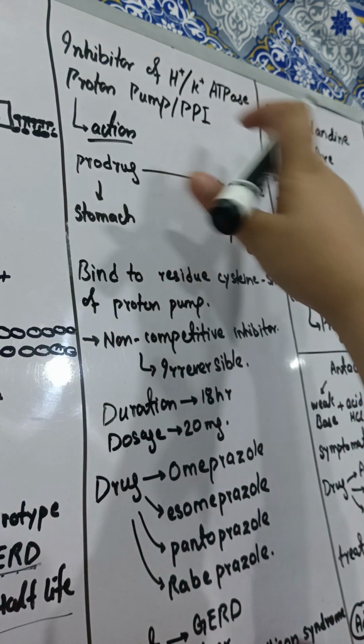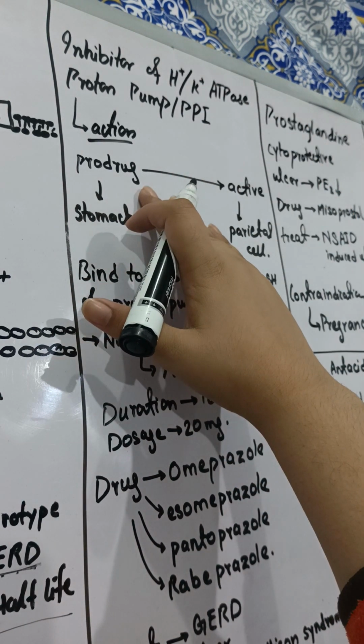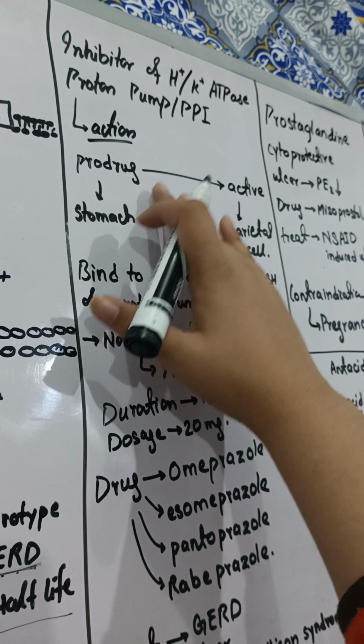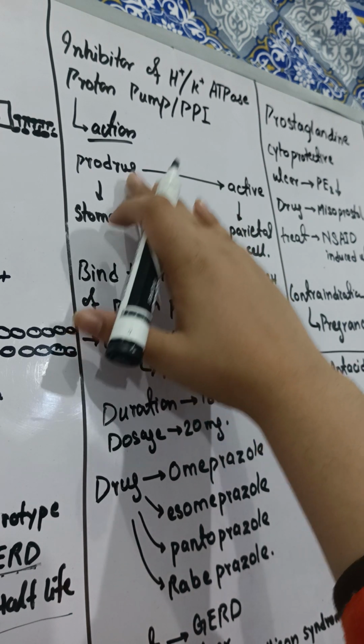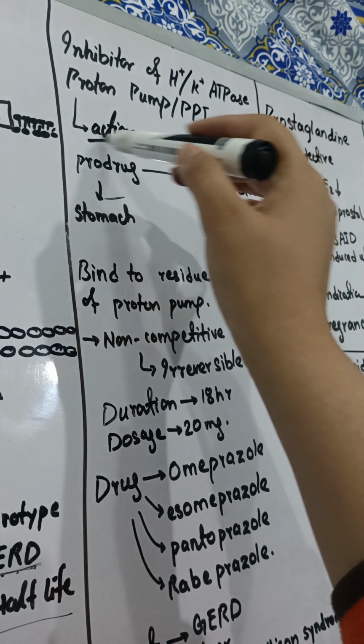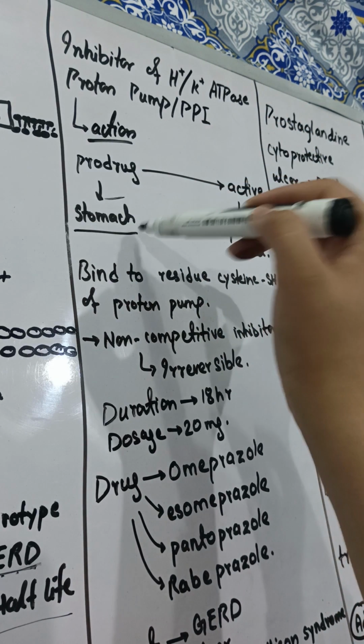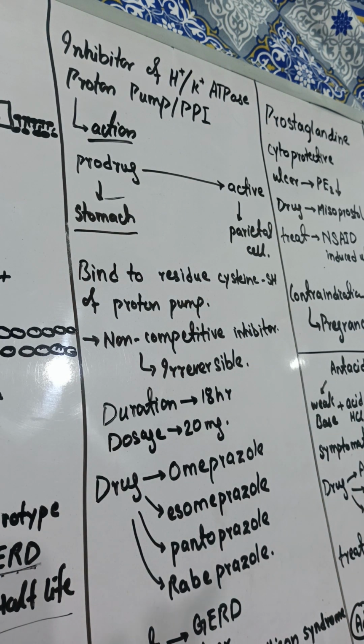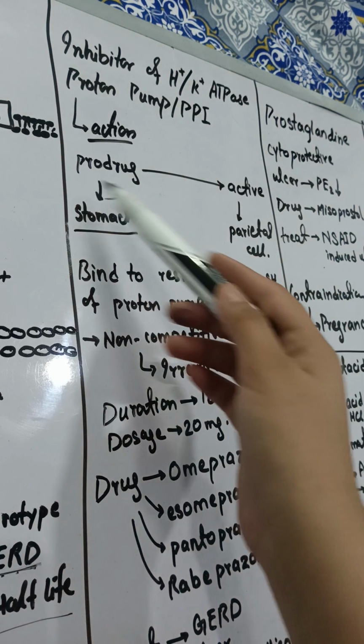These inhibitors are prodrugs. Prodrug means they are in the inactive form and they convert into the activated form. They are inactive in the stomach, where the pH is very acidic, around 2. So in this strongly acidic pH they remain inactive.